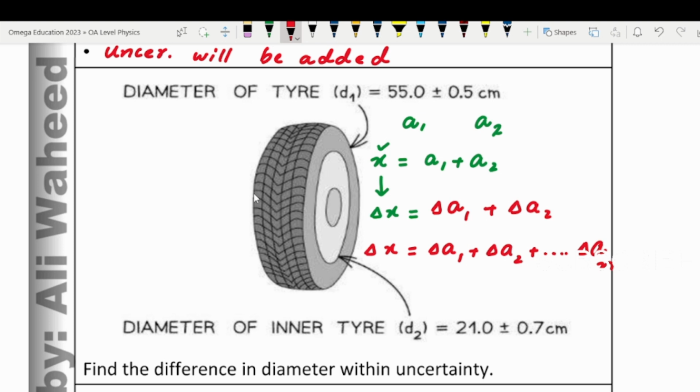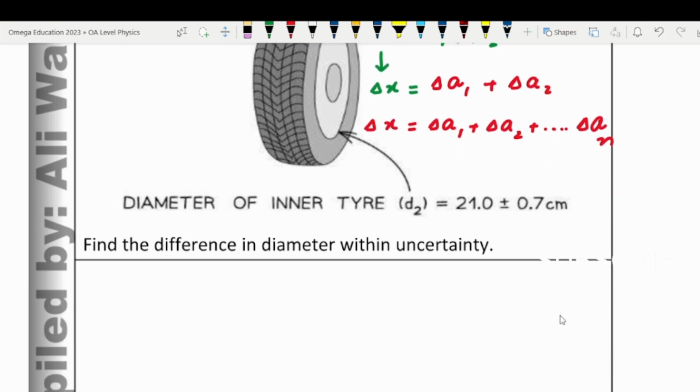Here you have the first example. The diameter of the outer tire is 55 and the uncertainty in that is 0.5. It's already given, it's the absolute uncertainty. The diameter of the inner tire is 21.0 and the uncertainty is 0.7. That's also given.